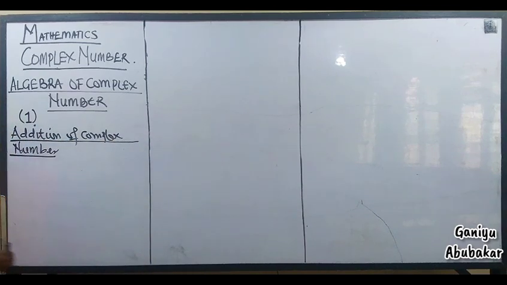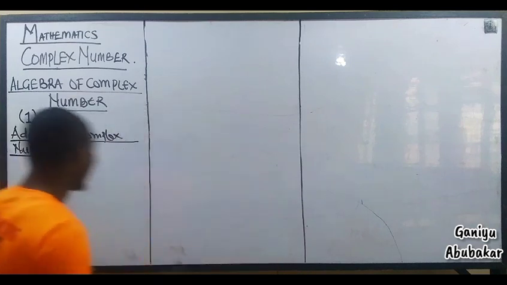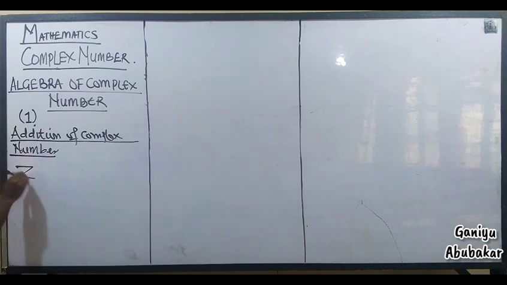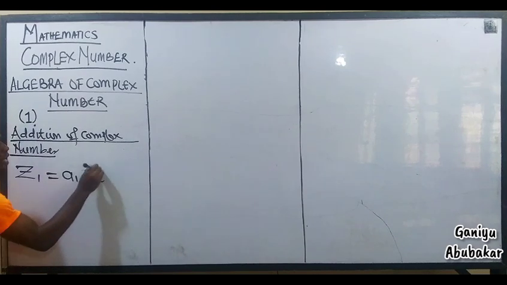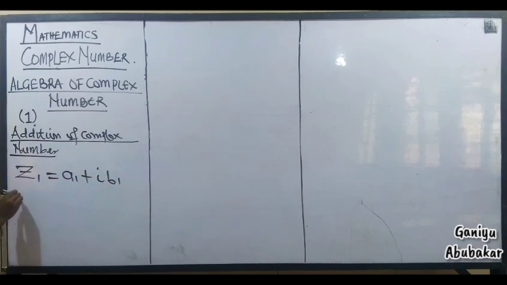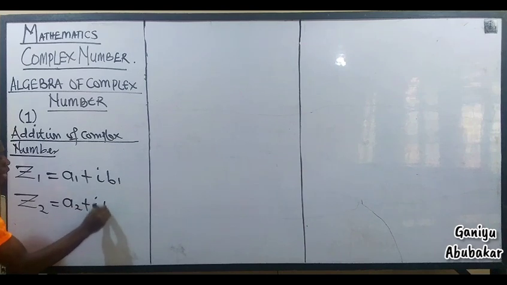How do we add complex numbers? Given two complex numbers, z1 equal to a1 plus ib1, and z2 equal to a2 plus ib2.